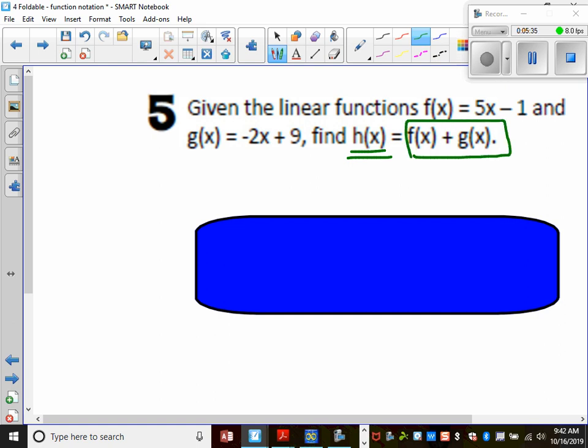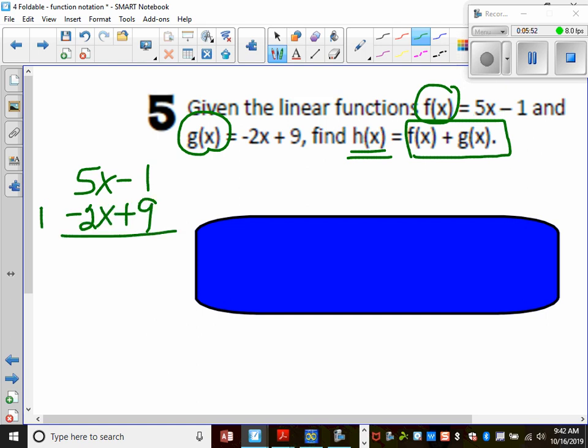So basically, they want you to take the functions called f of x and g of x and add them together. If you want to do it vertically, you can definitely do it this way and add them together.